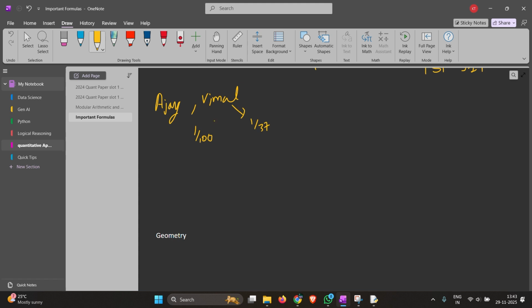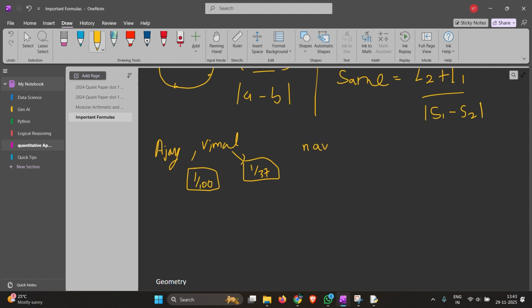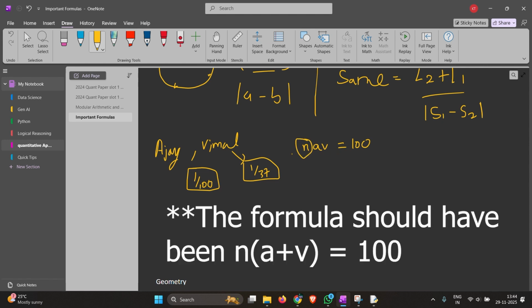So after you have the efficiencies, you can use the formula: the number of days they worked times their efficiency, Ajay's efficiency plus Vimal's efficiency, should add up to 100 to complete the work. That way you'll be able to find out how many days it would take if they worked together.